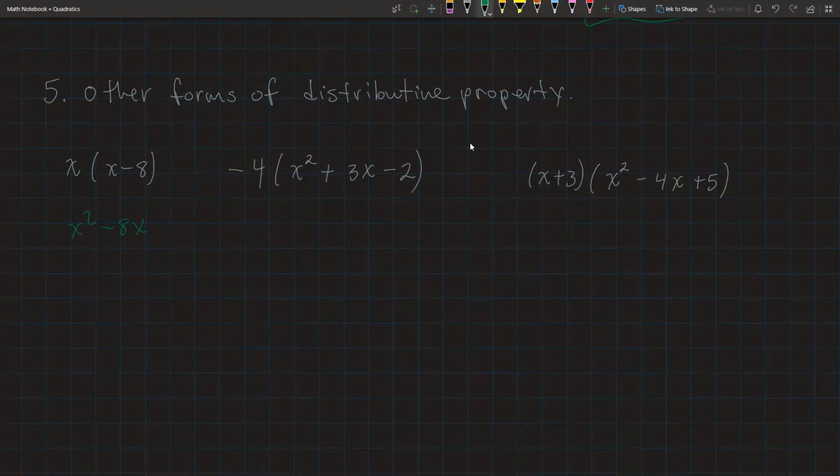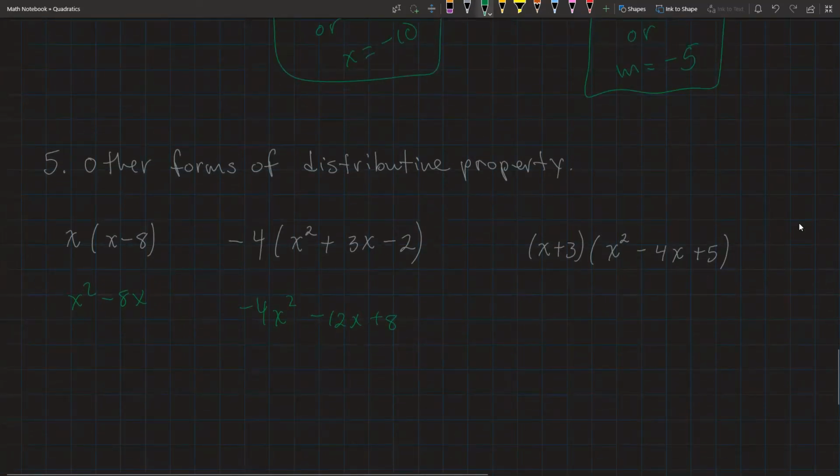But this one we will also see in quadratic course for sure. We have a -4 times x squared is -4x squared, and then -4 times +3 is -12x. So this kind of form we will see later, and -4 times -2 is +8.